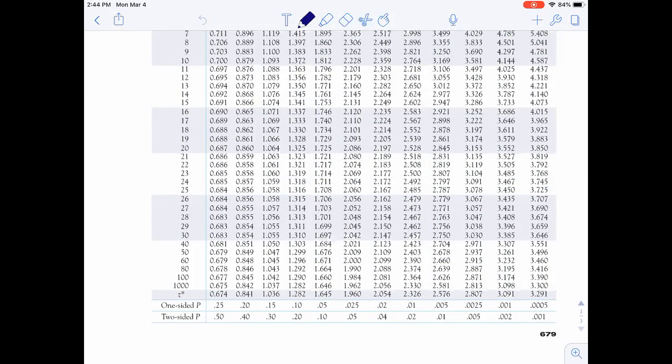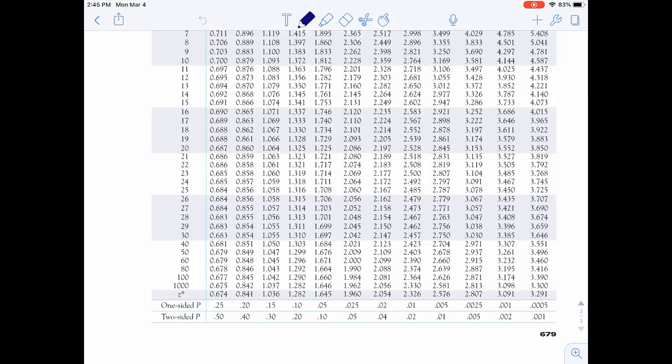Notice that these p-values are decreasing as we move out this way, because we're moving further and further out into the tail, so the area is getting smaller and smaller. One thing to keep in mind when you read these p-values is that you have to read them from right to left, because we always report intervals from the smallest to the largest. No interval exists between 0.05 and 0.025. You can start at 0.05 and go to 0.025. So you have to read these from right to left, but that's the only tricky part.